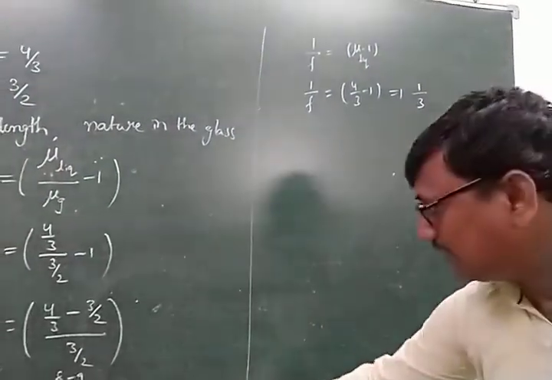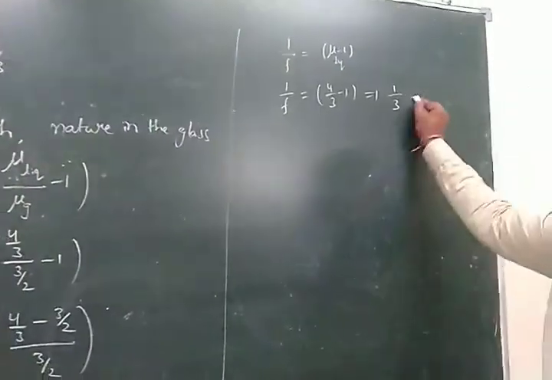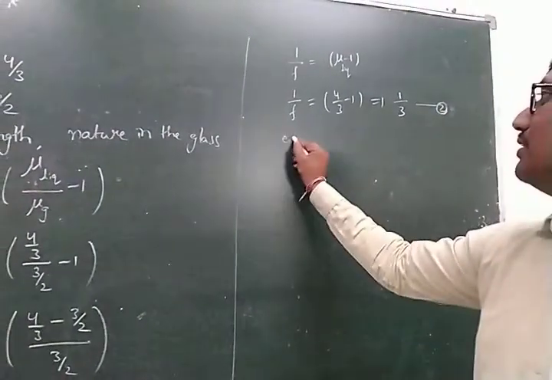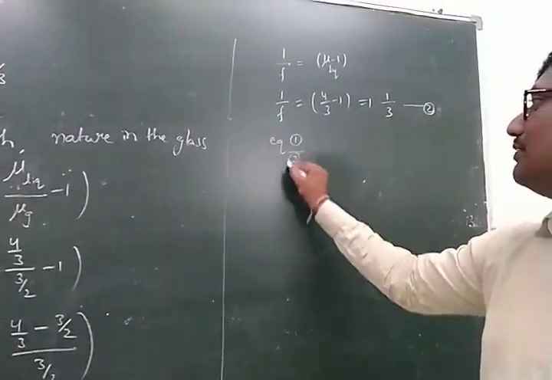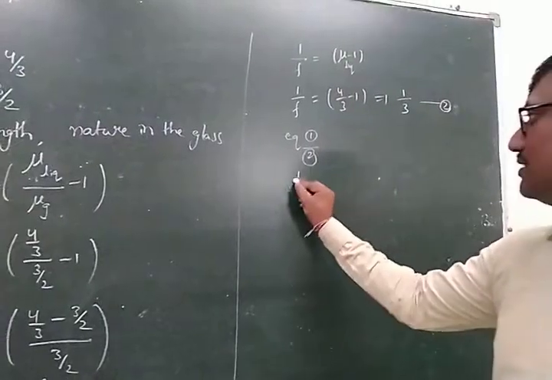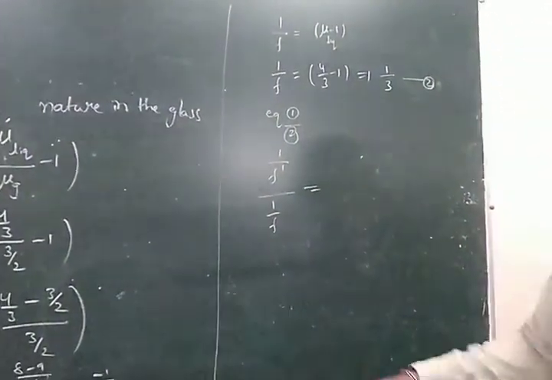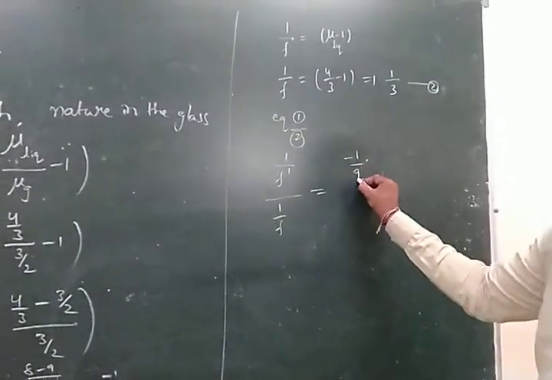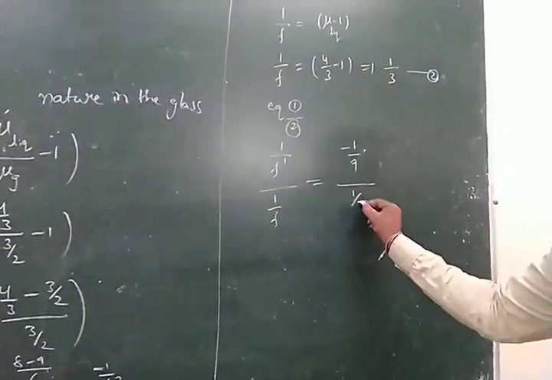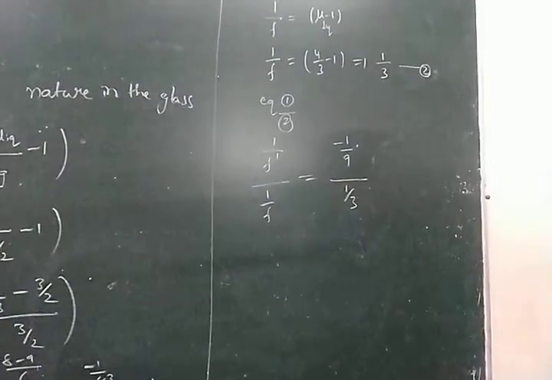Take the ratio. Consider this equation number 1 and this equation number 2. Equation 1 divided by equation 2: 1 by f dash by 1 by f is equal to minus 1 by 9 by 1 by 3. Now the 3 is cancelled.